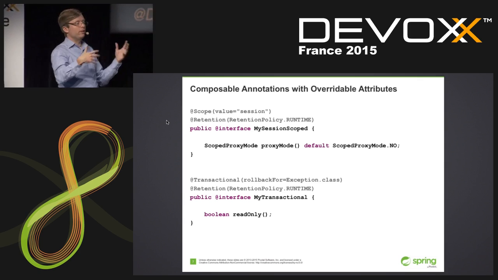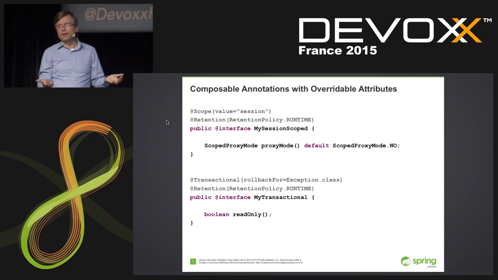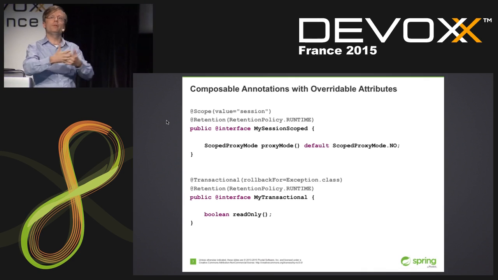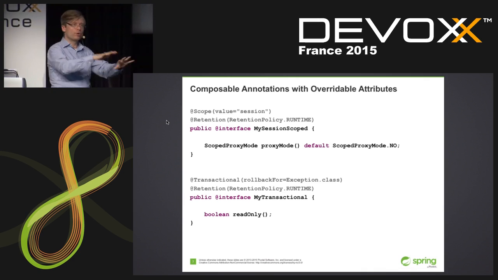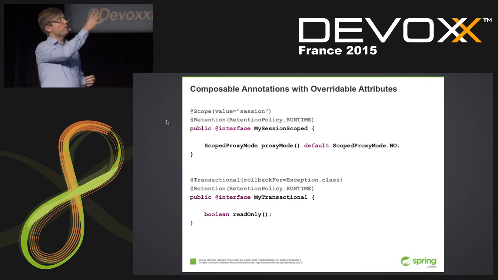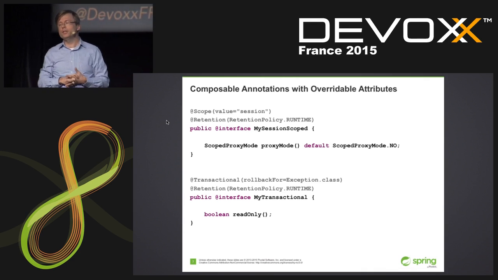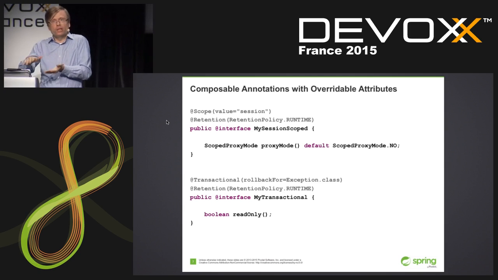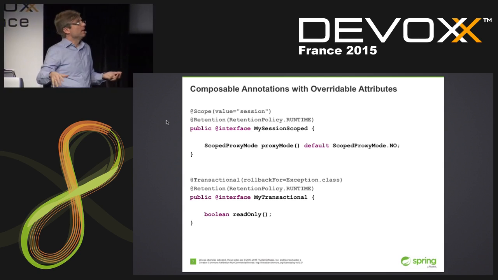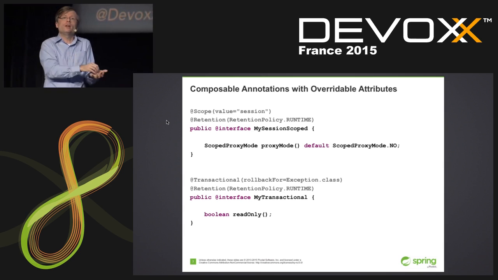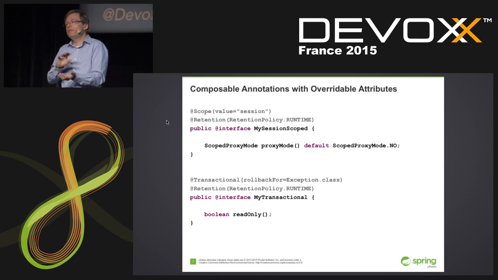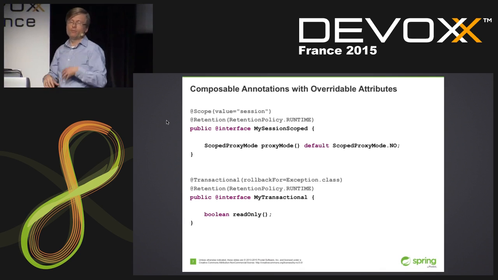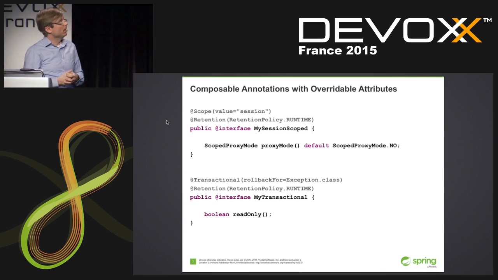If your development group, your project team here, is supposed to only use certain combinations of characteristics across your code base, provide them with such custom annotations. Those annotations can allow for whatever needs to be customized and can hard-code whatever you want hard-coded, whatever you want your developers not to customize. So, for example, the scope arrangement.